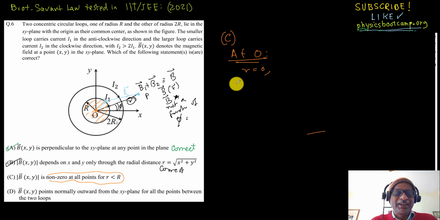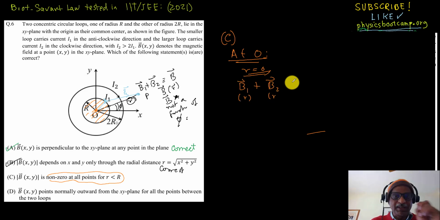So B1, which is a function of r, and B2, which is a function of r, are functions of r only. That means whatever I get here, I'll get here, so you will have a B1 at 0 plus B2 at 0, right?